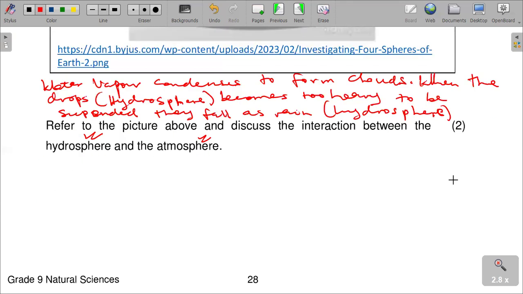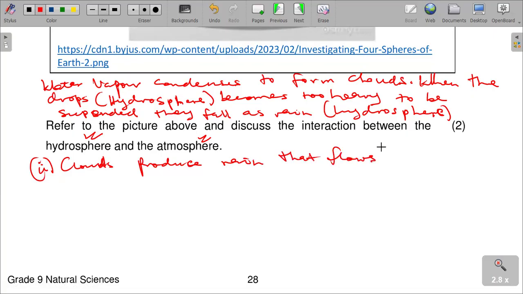We can also say, number 2, that clouds produce rain that flows to rivers, streams, and oceans.